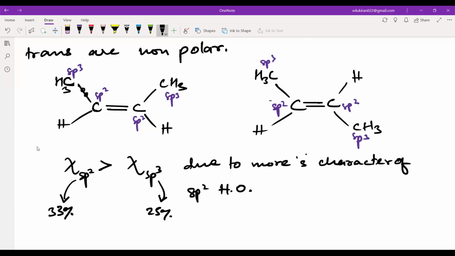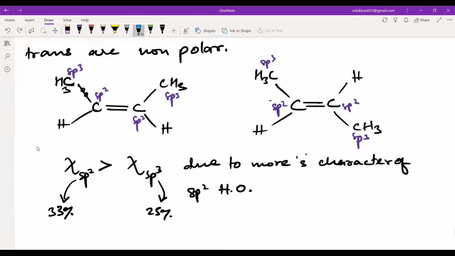Since these electrons are in sp2, which has more s character and is nearer to the nucleus, they will experience a greater pull from the sp2 carbon atom. Hence the dipole moment in this case will be like this, from sp3 to sp2.